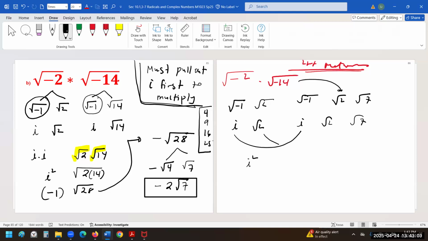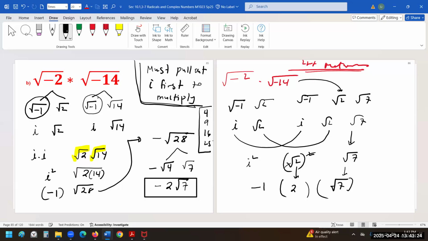We can combine these 2, we get square root of 2 squared. That means the single thing is square root of 7. i squared gives us -1. Radical and square cancel out. We get 2, and this becomes square root of 7. So then the answer is -2 square root of 7. Like if you don't want to simplify 28, you can simplify the 14.